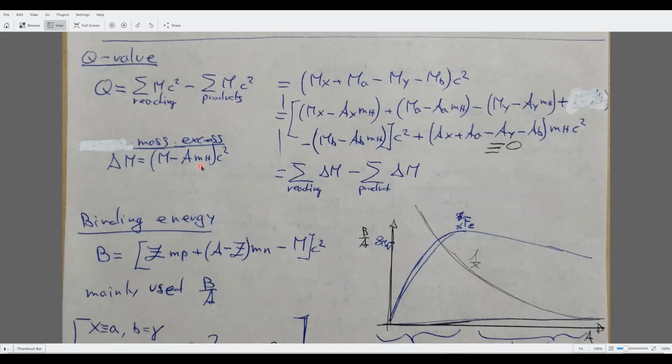The mass excess is just the difference between the mass of the particle and the mass number, not exactly the sum of the masses of the compound, which we see later, but the mean value.